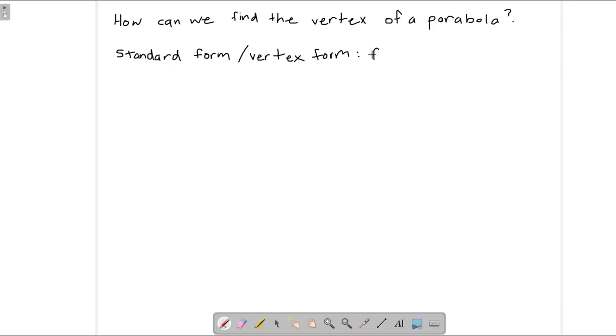That looks like f of x equals a times (x minus h) squared plus k. If your quadratic equation is in this form, then you can just pull the vertex right off of this equation. The vertex is going to be the ordered pair h comma k.